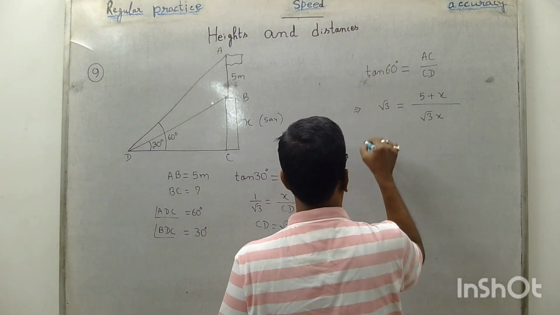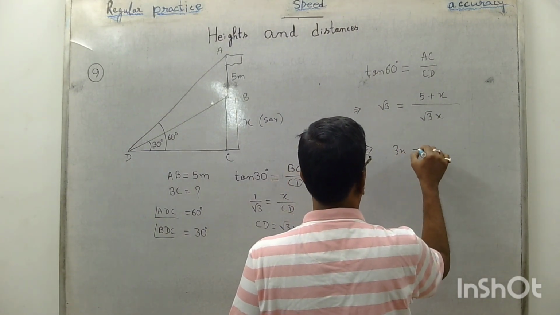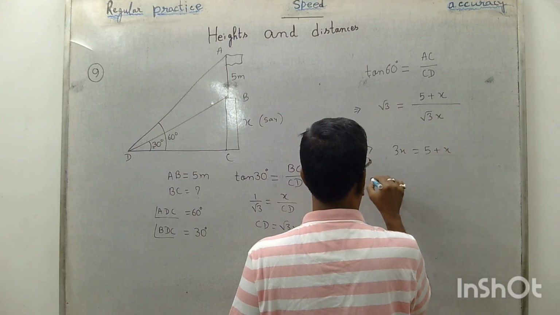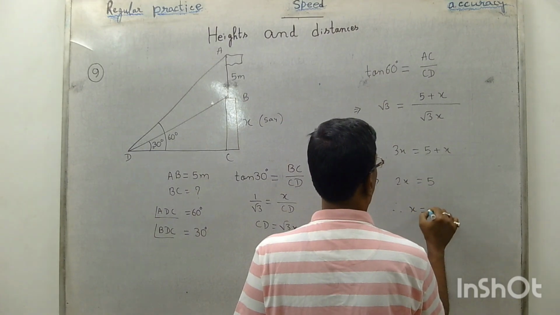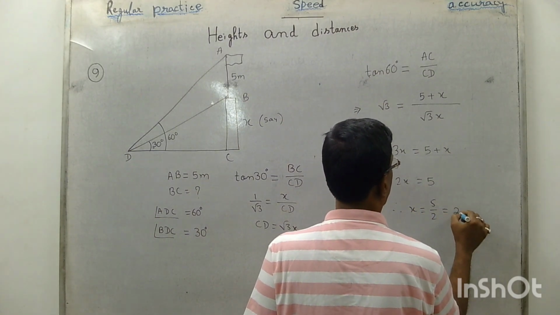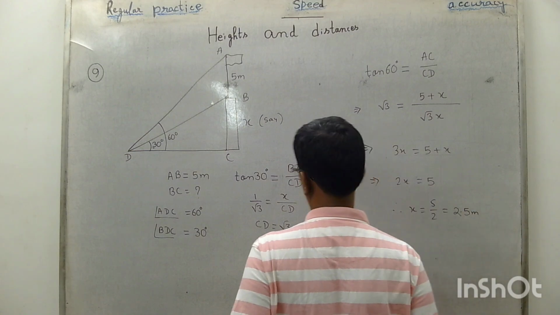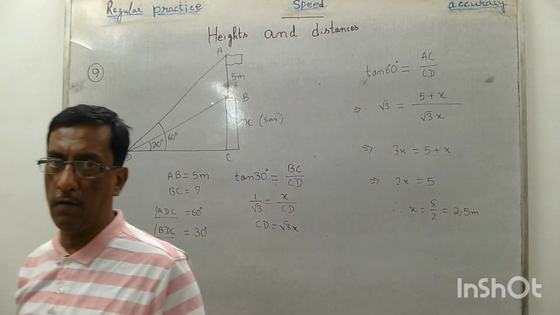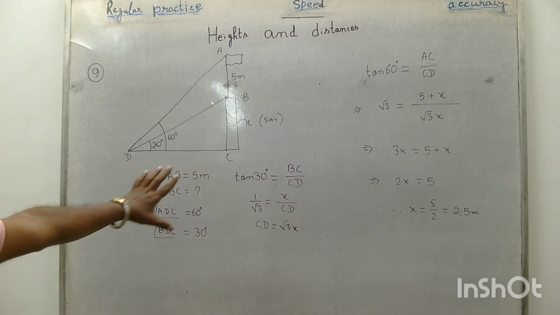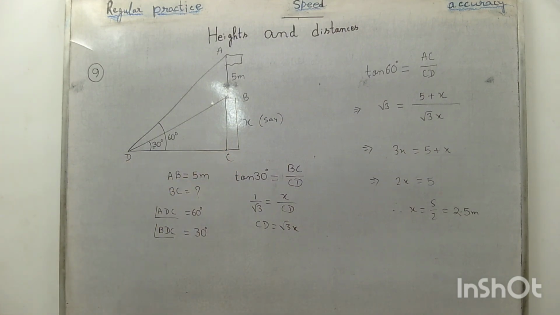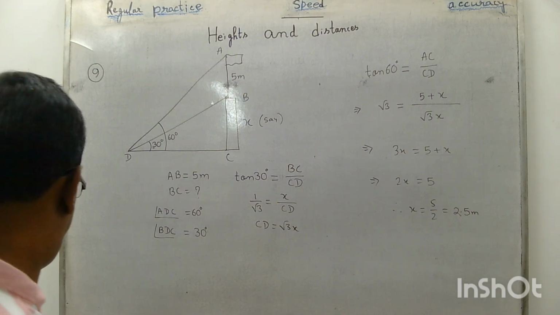So what we get, 3x equals 5 plus x, 2x equals 5, x equals 5 by 2, that is 2.5 meter. So the height of the tower is 2.5 meter. ठीक से समझ लो ये स्टेटमेंट. क्वेश्चंस हमने लिखने बोले थे लेकिन वो टाइम थोड़ा ज़्यादा लगेगा, इसलिए just follow what I say and then solve the problem. Now we will come to question number 10.